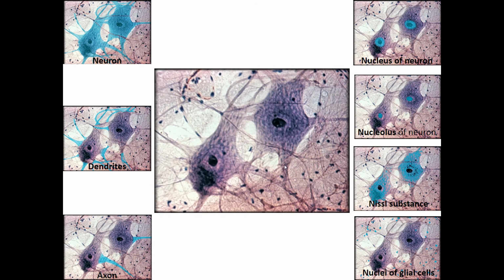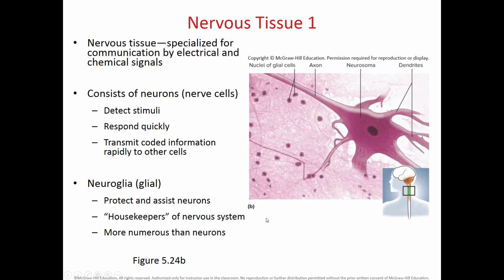So this is an example of cells of nervous tissue. These are the neurons with their center that is called the nucleus. The nervous tissue is specialized for communication by electrical and chemical signals.